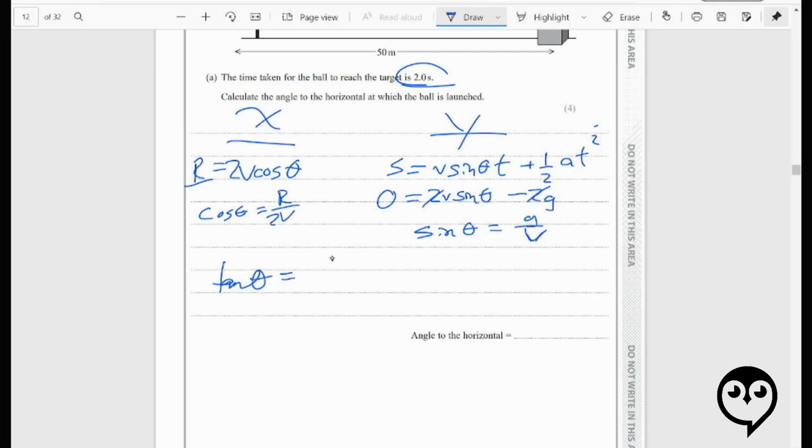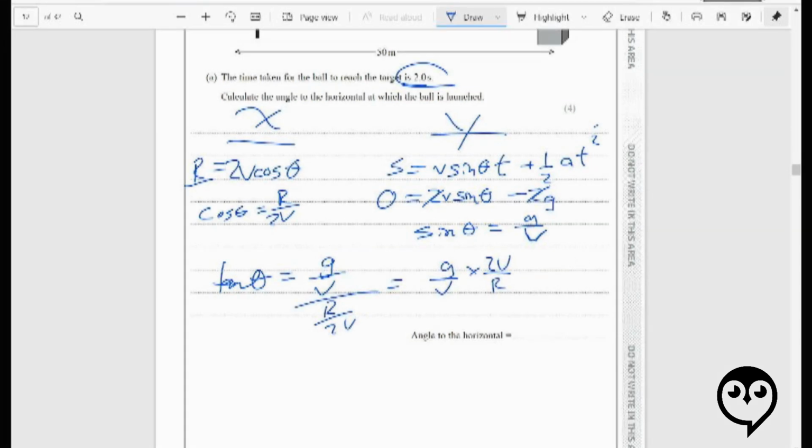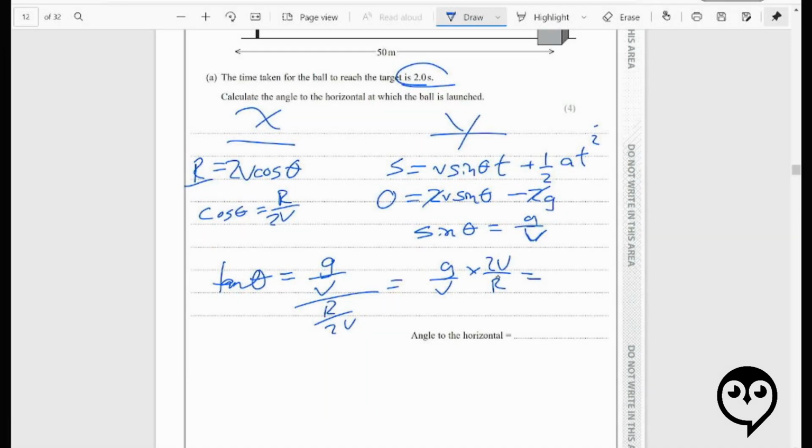I'm going to do sine theta over cos theta, so g over v over r over 2v. So when we rearrange this all, I'll have g over v times 2v over r. Oh, that's convenient. I don't have to worry about what the initial velocity was. Seems to be independent of that. And since we know r to be 50, it looks to me we got 9.81 g over 25.